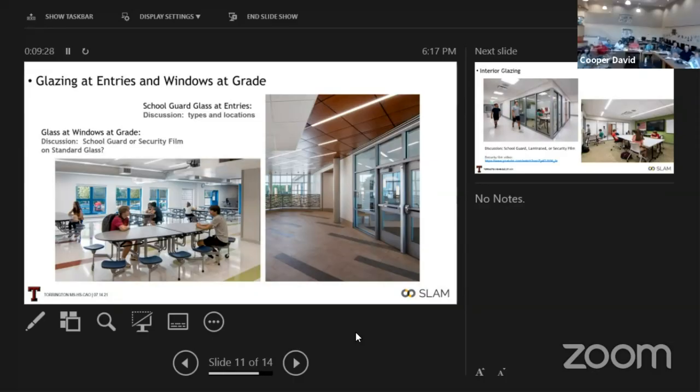The SSIC, which is the required guidelines to follow for security for Connecticut, do require a secured main entrance. And at this school, we are considering all three of those doors that I showed you before as main entrances. And so those will all have a higher level of security than perhaps others. But a decision is really in the hands of the district for the level of security on the other windows at grade. And so we had a good discussion about that and decisions.